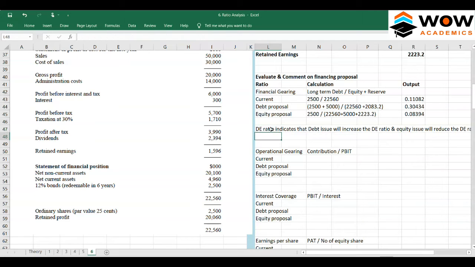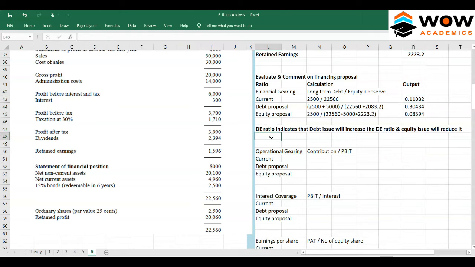Okay, so that is what we can find out here. Here we see what it has reduced. Okay, so it will reduce it. So if you go for debt, see, the ratio can be 1:1, so it is not very bad. The ratio is comfortably within 1 only, so the company can go for debt.